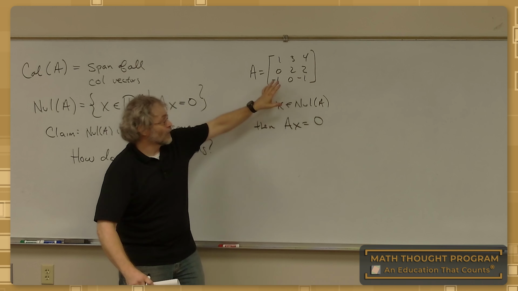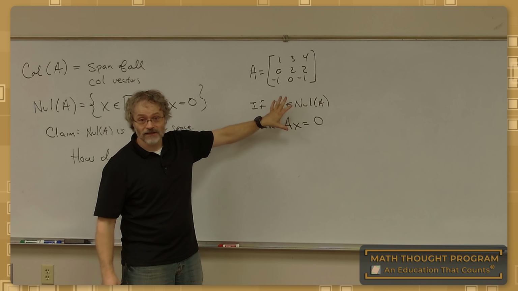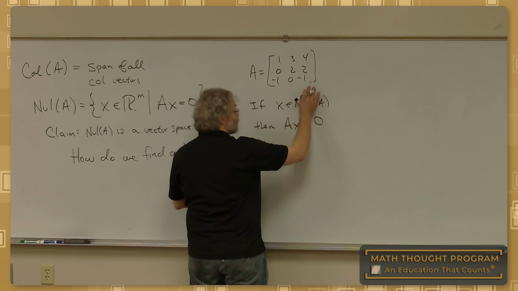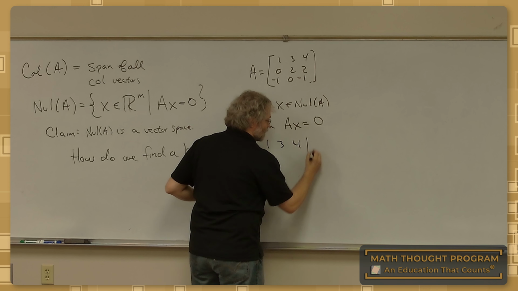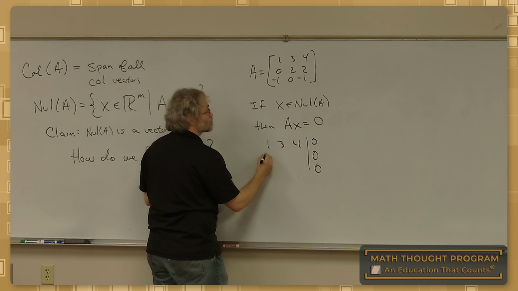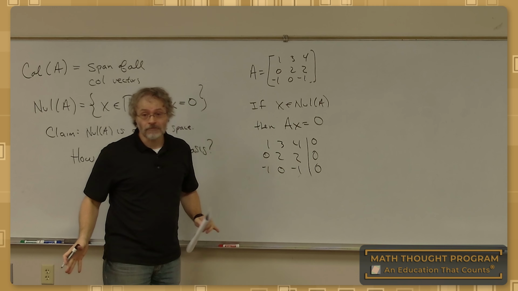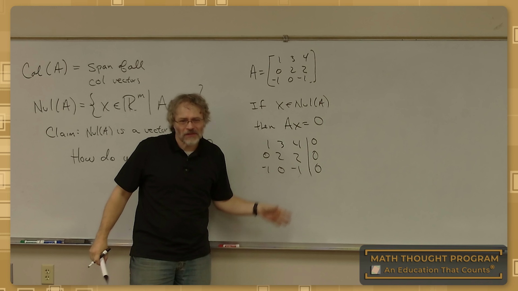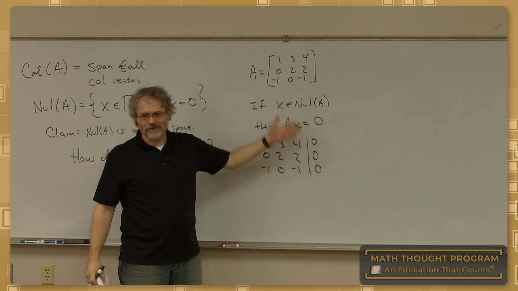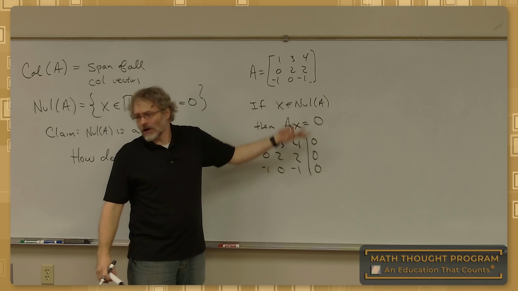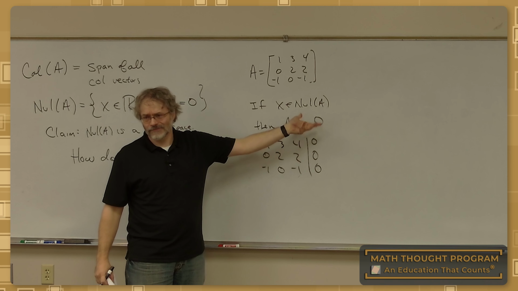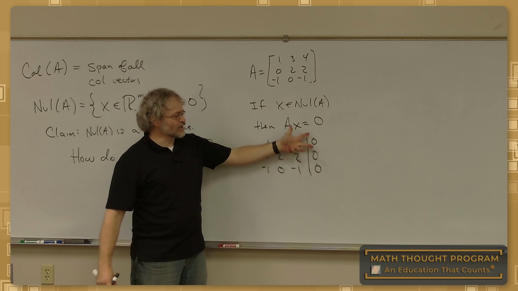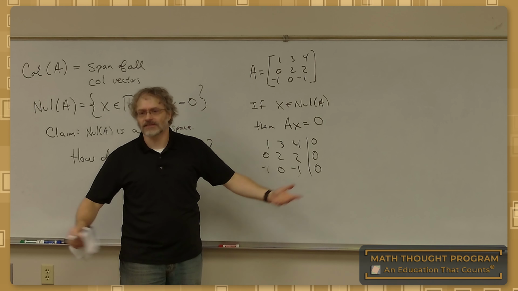Well, let's get cracking. So if I want to solve this, what I could do is I could go ahead and take the matrix A, and I could augment it with a bunch of zeros. I could do that, but I don't really need to go through all this complexity here, putting zeros, because if I do row operations, I multiply it by 2, what happens to that entry? It stays 0. And if I take 0, add to 0, what happens? It stays 0.